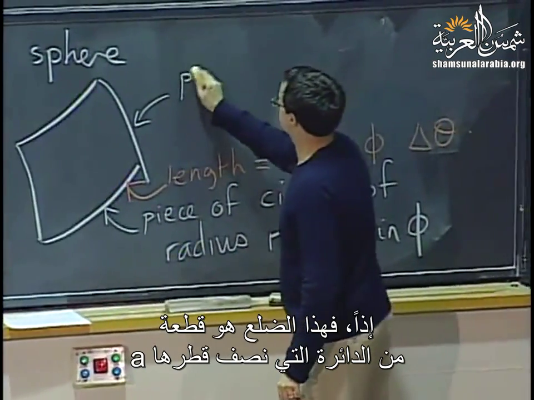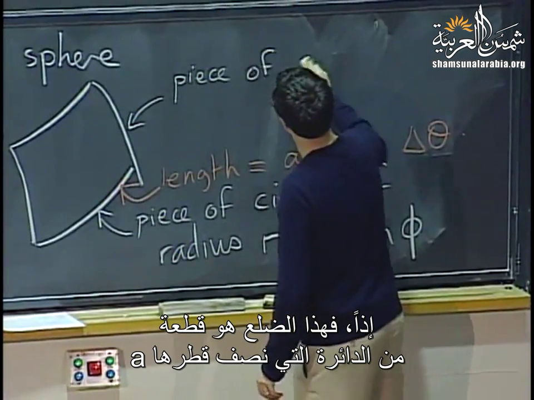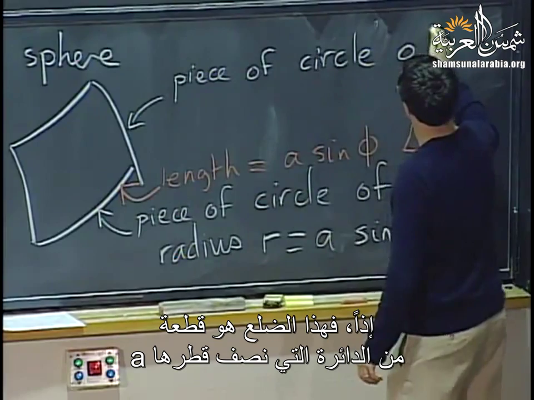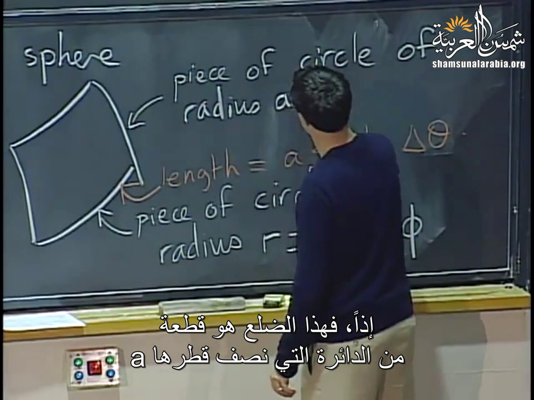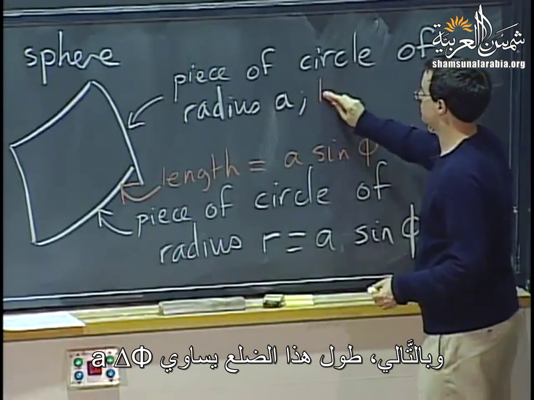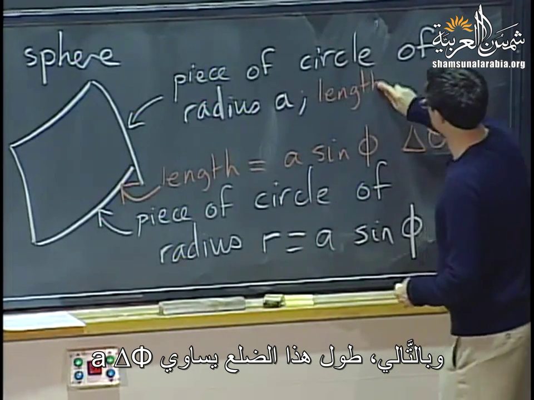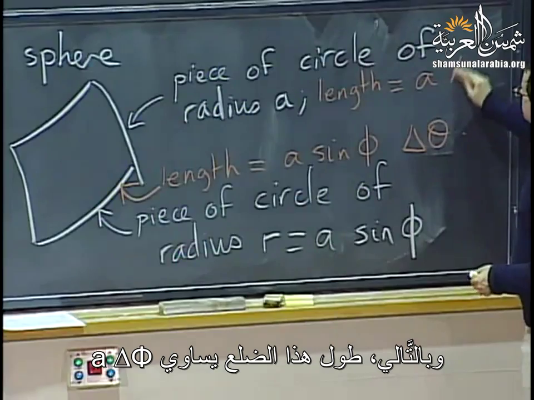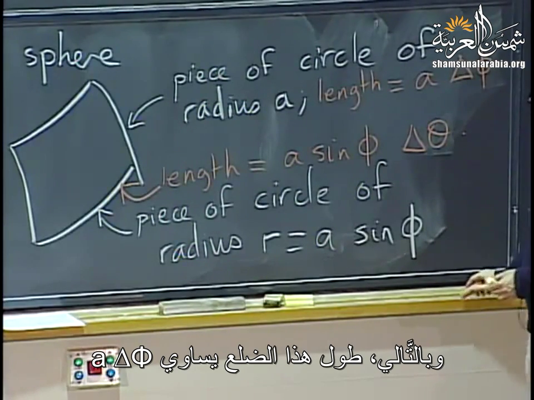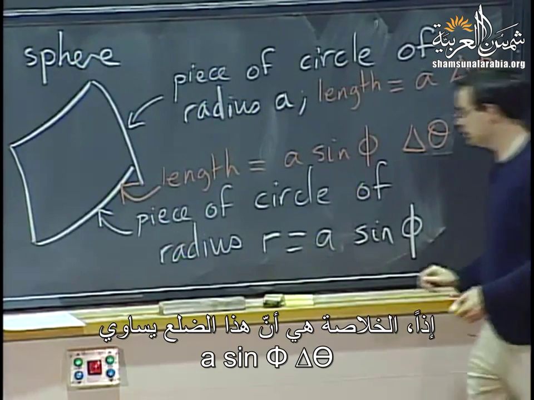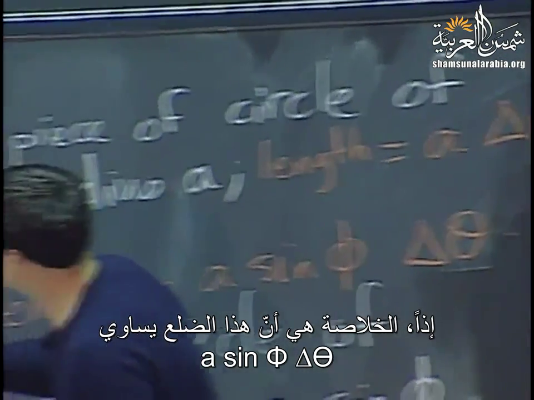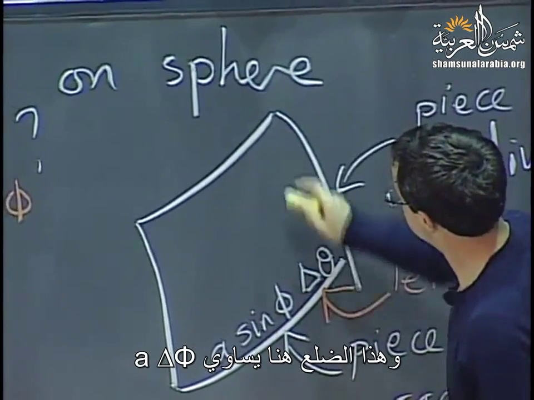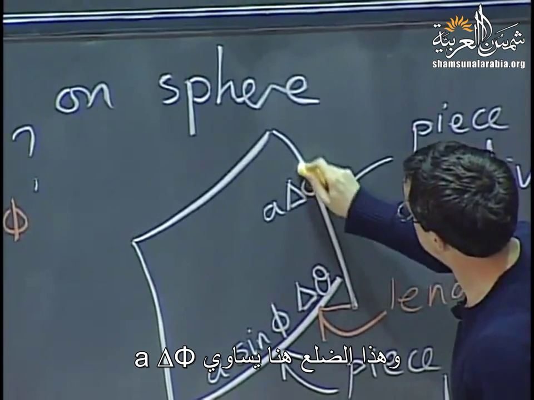So this is a piece of a circle of radius a. And so now the length of this one is going to be a delta phi. Okay? So just to recap, this is a sine phi delta theta, and this guy here is a delta phi.